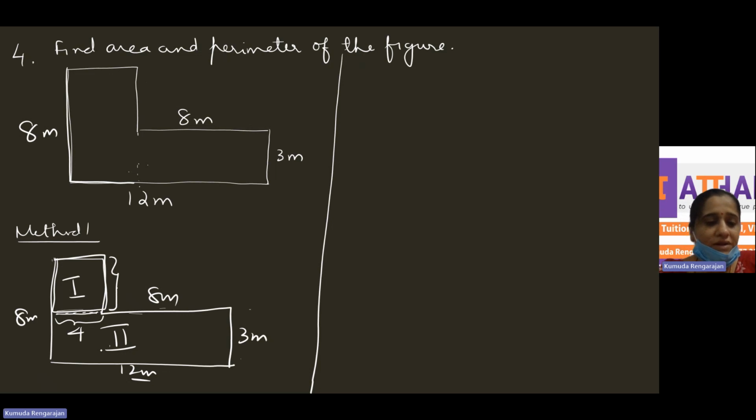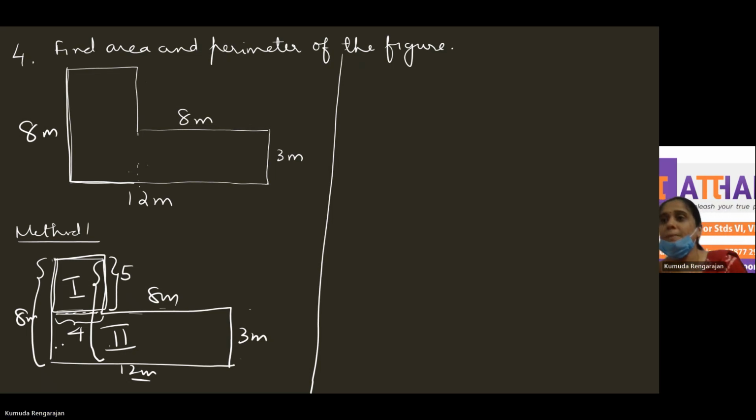To find the breadth, this whole thing is 8. So this whole thing also should be 8, of which this one is 3. So the rest of it should be 5. Breadth will be 5. So now we got the dimensions for the first rectangle.